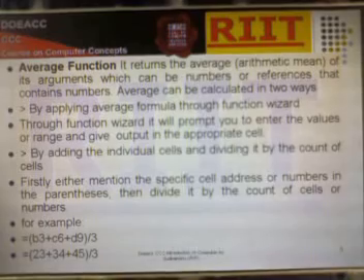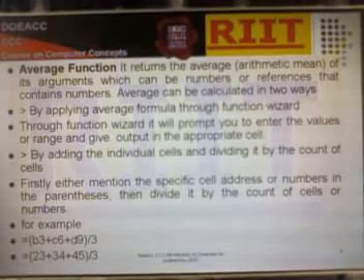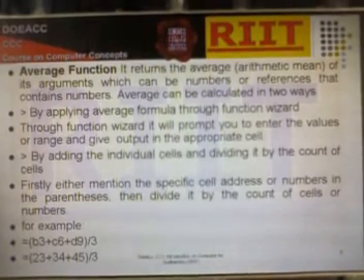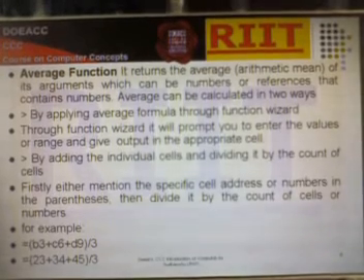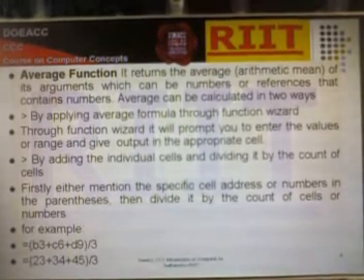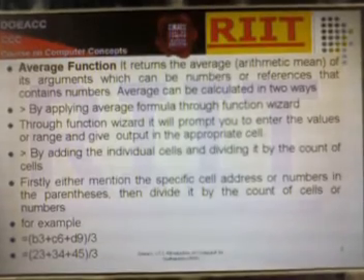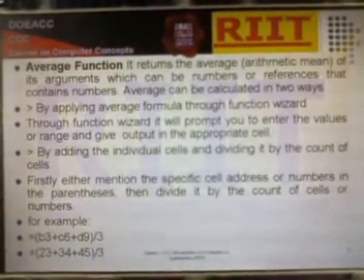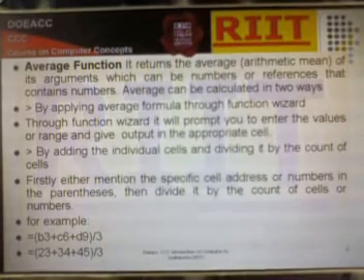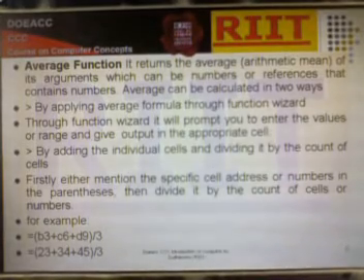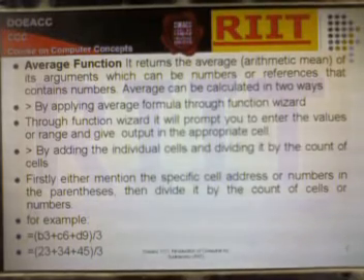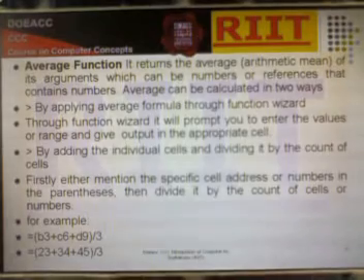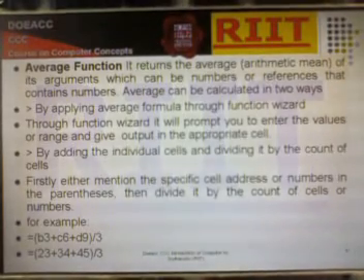Average function: it returns the arithmetic average of its arguments, which can be numbers or references that contain numbers. Average can be calculated in 2 ways. By applying the average formula through the function wizard, it will prompt you to enter the value or range and give output in the appropriate cell.